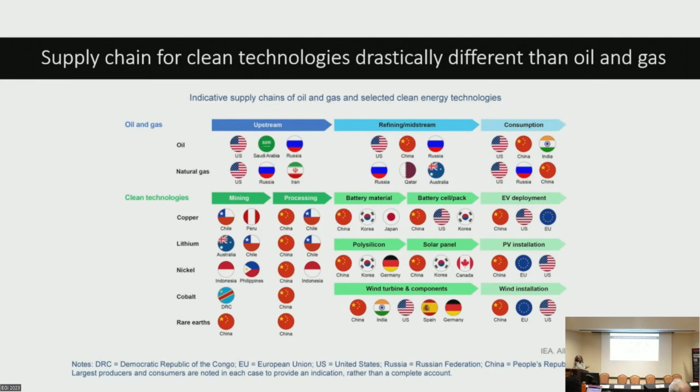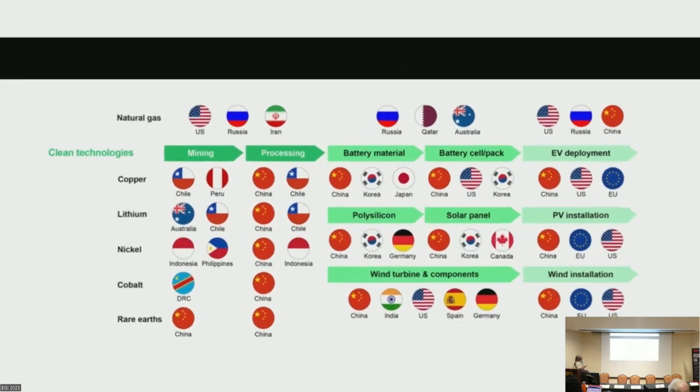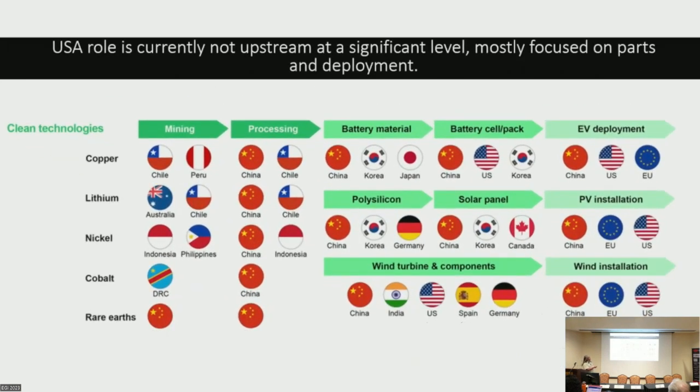So we have a supply chain problem. Everyone knows this. Up here, oil and gas, we're sitting very pretty in upstream, right? We've been like this for a while. And we're great, but now here's the problem. We are nowhere to be found.